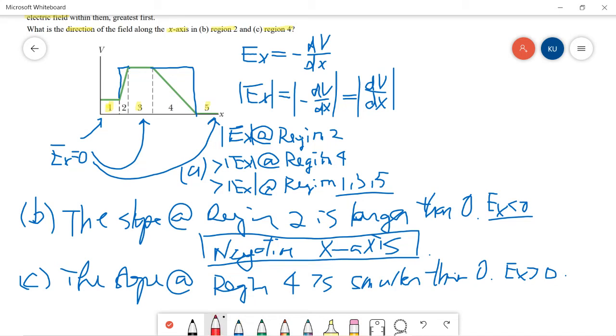Because we need to consider that the slope is actually dV/dx, so Ex is minus dV/dx. So when the slope is smaller than 0, Ex is larger than 0.